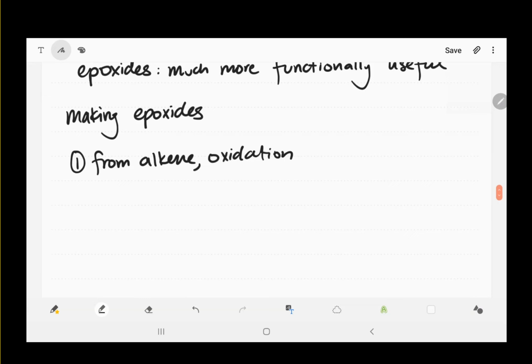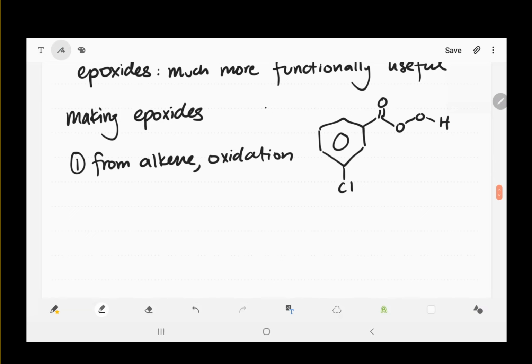Typically, the oxidants you'll use for this could be something like this little guy, you remember that one? MCPBA. I should do all caps because it's an acronym. Metachloroperoxybenzoic acid.